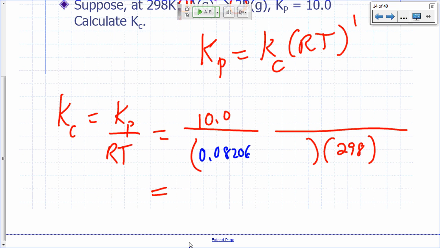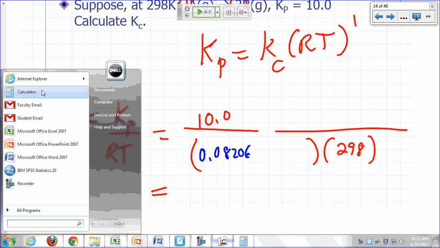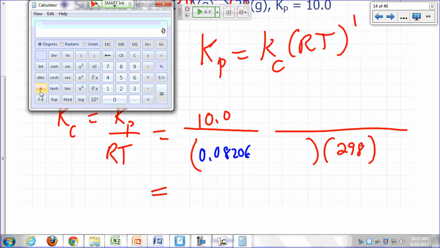So what would be 10 divided by 0.08206 times 298? It's going to be 0.409.